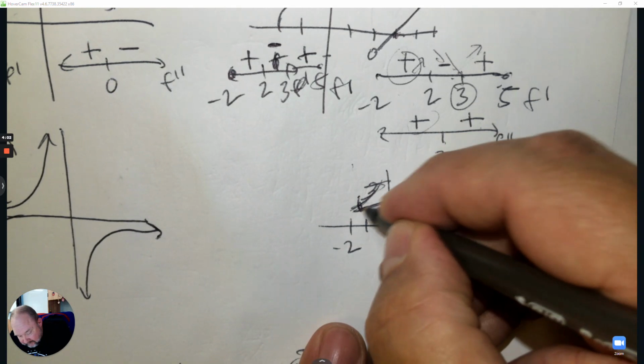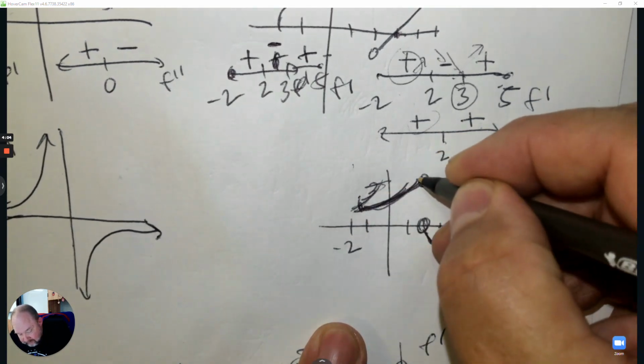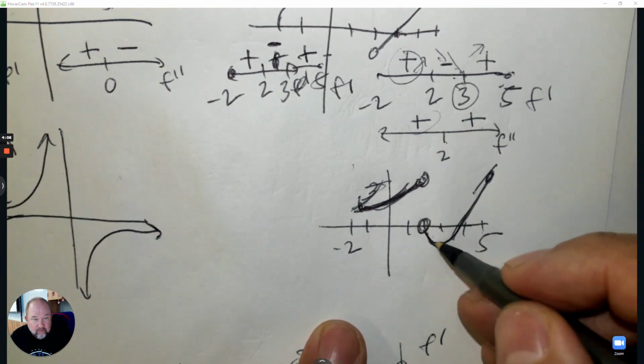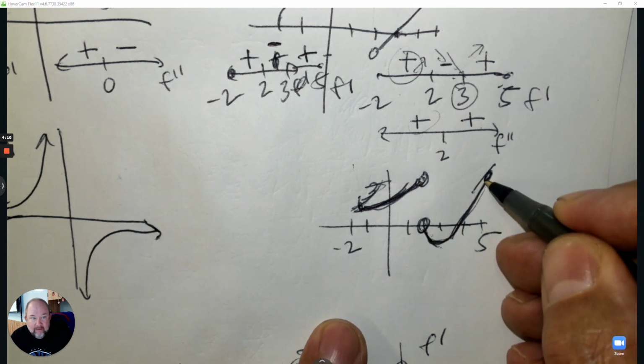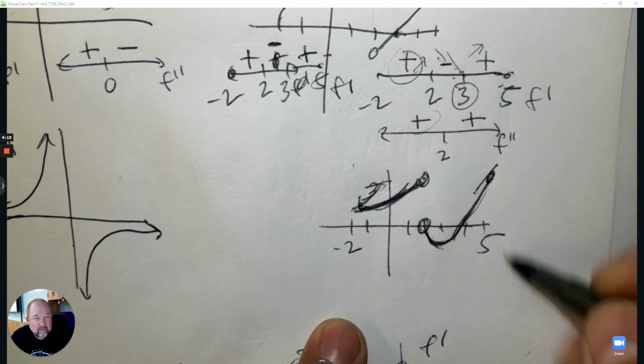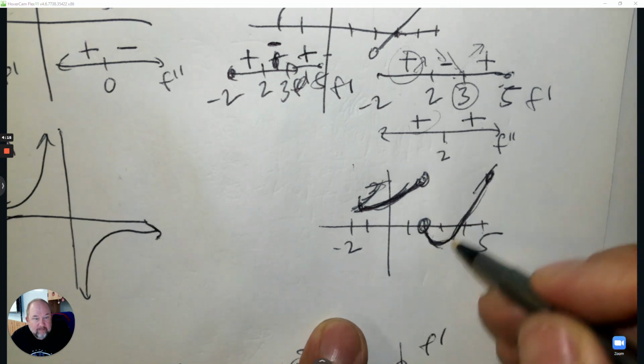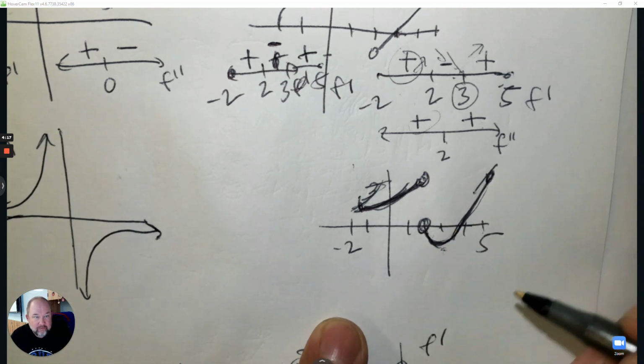So this increased and curved up. This continues to decrease but concave up, and then creates a minimum at 3, and then it continues. So this whole thing is concave up with a minimum and holes here at 2 and 3. Let's try the next one.